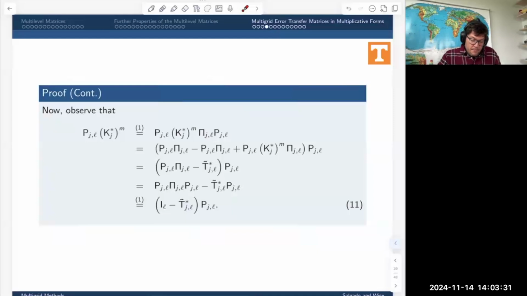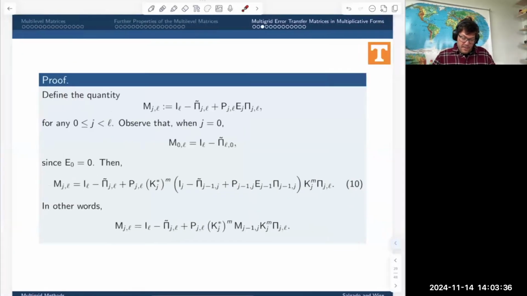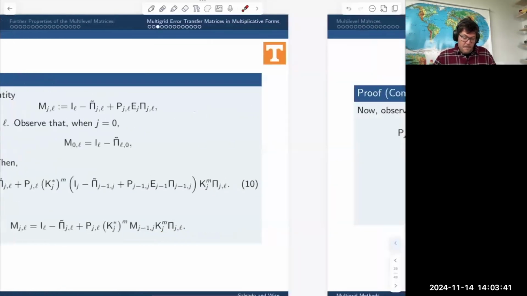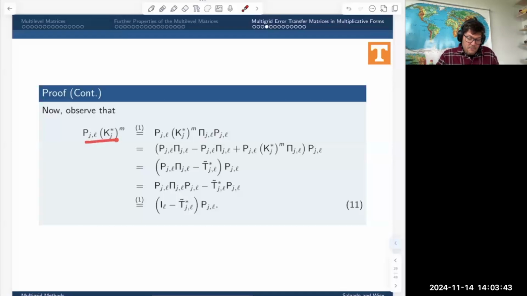All right, now let's look at P_JL K_J star M. So where does this product come in? That's right here. So let's have a look at that guy. That we're going to show with a bunch of manipulations, which I'm going to skip actually, gives just I_L minus T_JL tilde star. You can either write star or prime here. It doesn't matter. They're the same thing. Times P_JL.